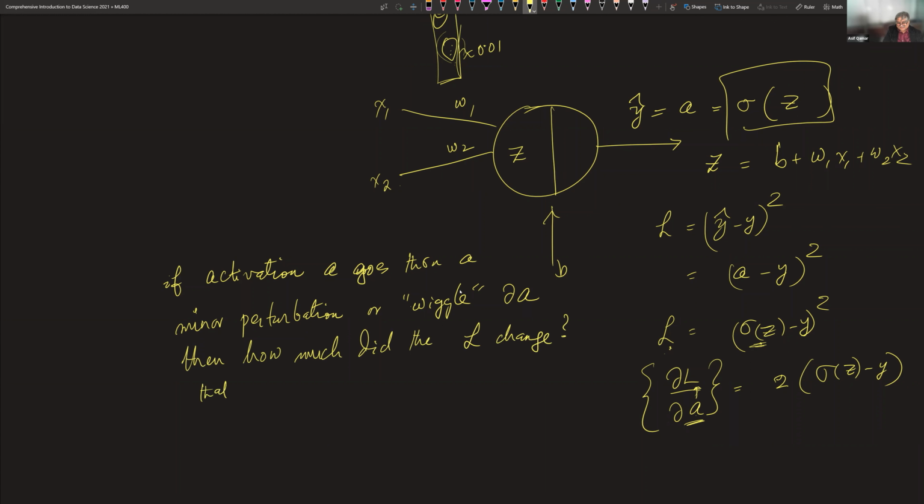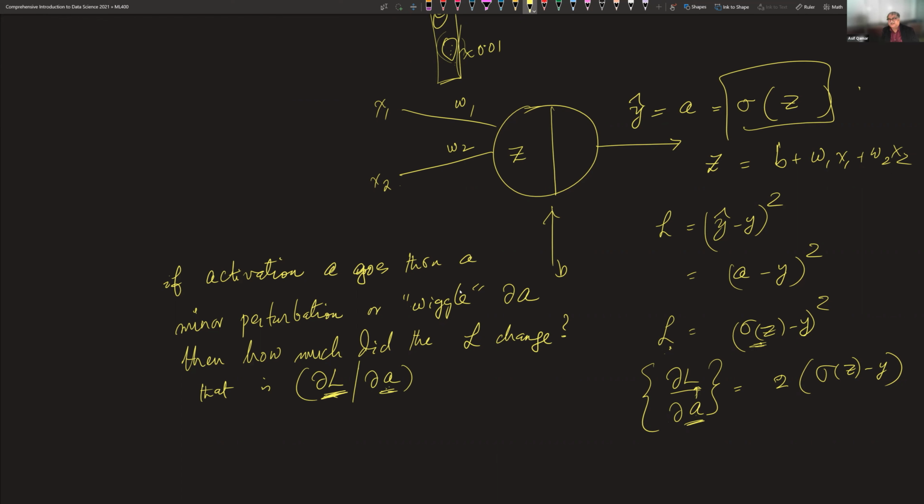That is delta L. How much did a small change of A cause a change of L, that is dL/dA, roughly speaking?